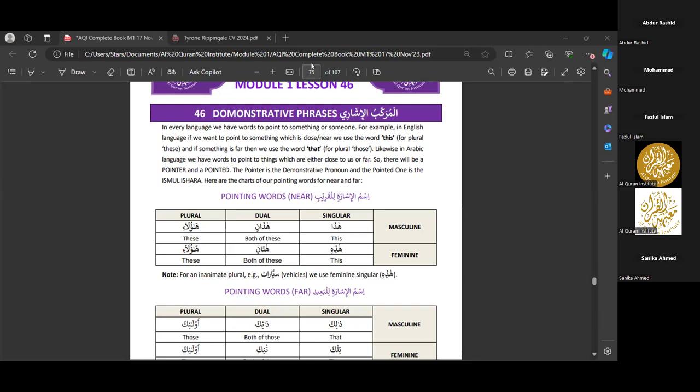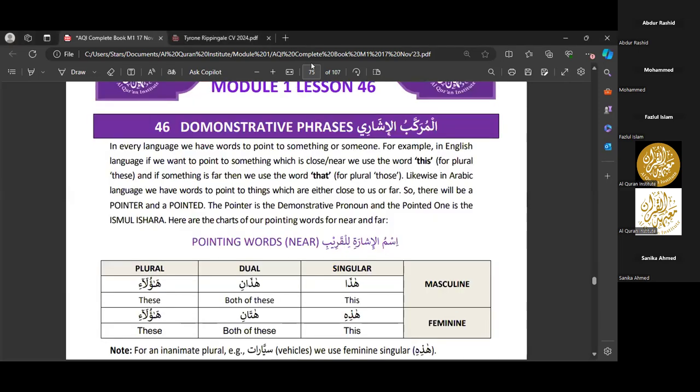This was actually in one of the answers, and now it's being highlighted in this lesson.